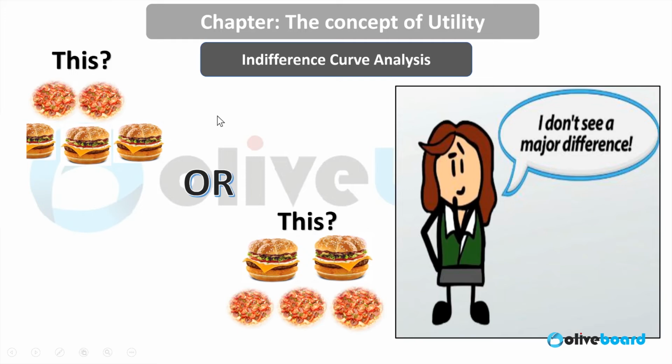When I ask, would you mind having 2 burgers and 3 pizzas, because say I don't have the stock of this one pizza, instead I would like to give you a burger, you would say, okay, I don't mind, right? So you don't mind having any of these combinations here. You would say, I don't see a major difference. Okay, fine, I'm fine with it, right?